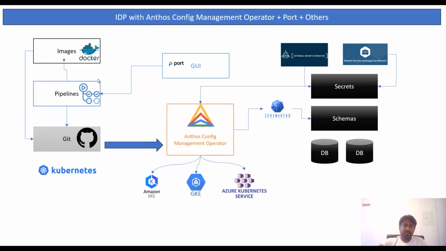That pipeline will push the changes to my Git repo: first the namespace manifest, then after the namespace is created, the deployment manifest. Those will be pulled by the Anthos config management operator because it is sensing the Git repo, and then it will apply them to the cluster.